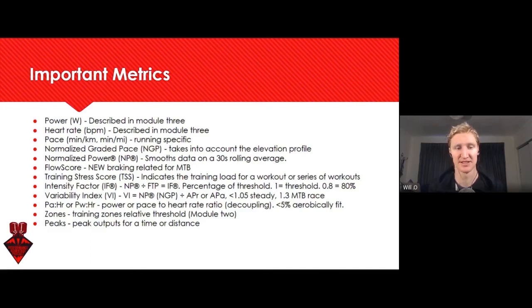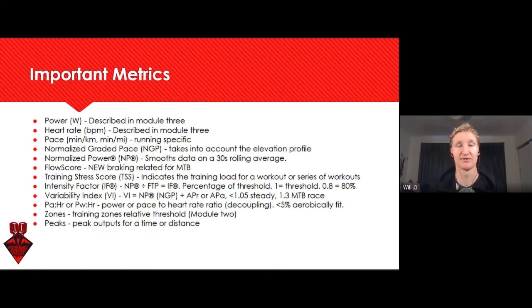So that's variability index. Then we've got power heart rate ratio or pace heart rate ratio. And that's going to give us an indication of the decoupling of your output and your heart rate. So whatever output, power or pace, you're looking at, if that starts to decrease at a constant heart rate, or you are holding a constant pace or power and your heart rate increases, we can see that decoupling happening.